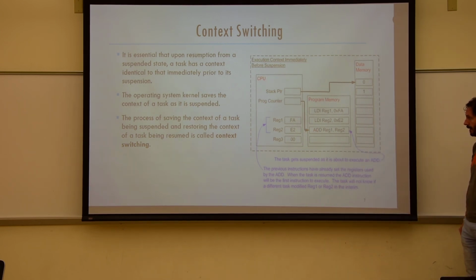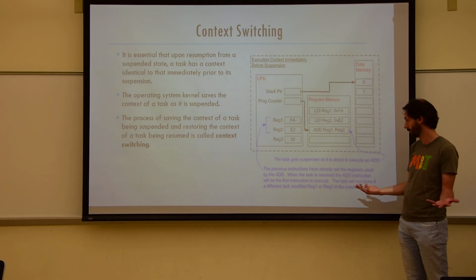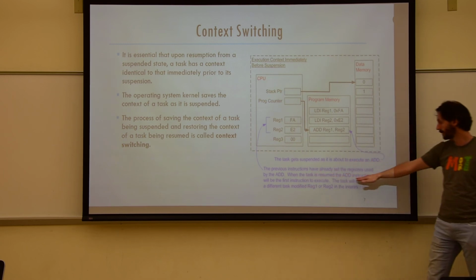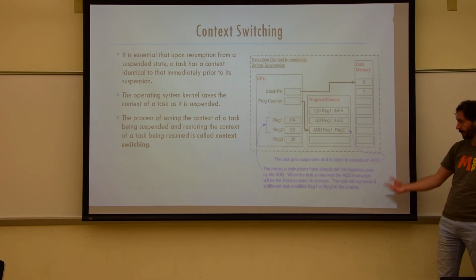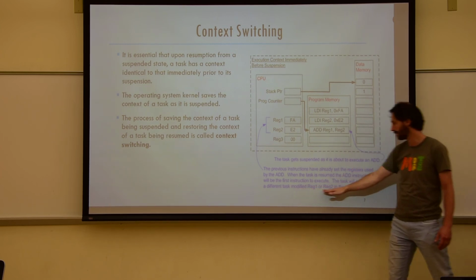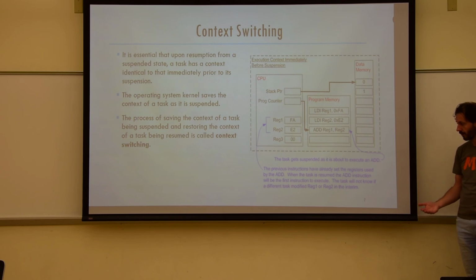And now we have a context switch. What you want is that when the task is resumed, the add instruction will be the first instruction to execute, and the task will not know if a different task modified register 1 or register 2 in the interim.